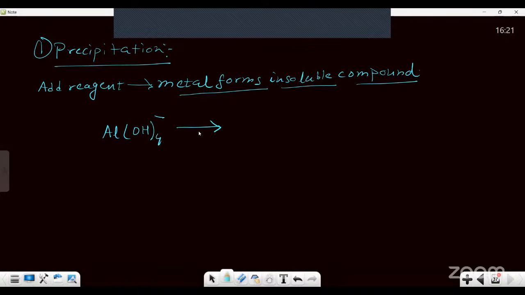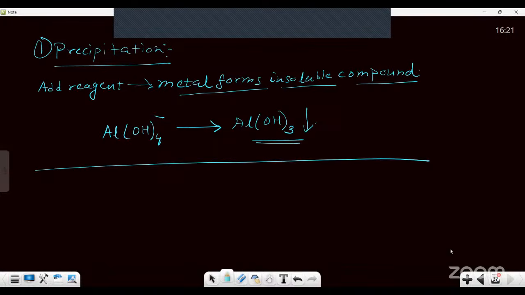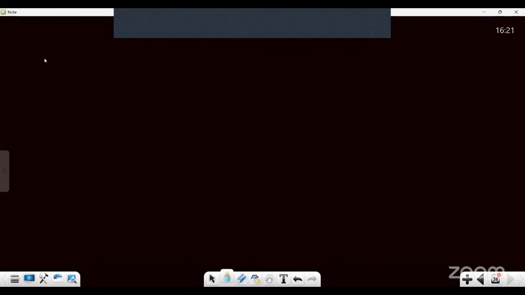After addition of a suitable reagent, it will get converted to Al(OH)3, and this is going to precipitate out, right? Okay, this is our precipitation method. Now we will discuss cementation. What is cementation?